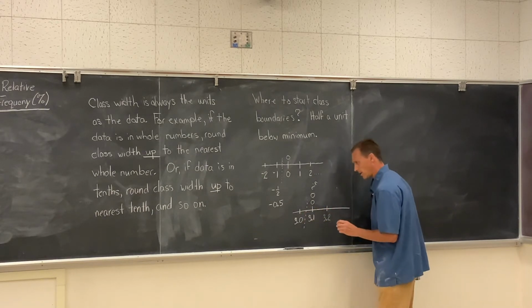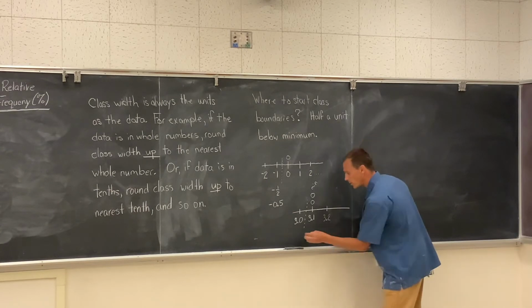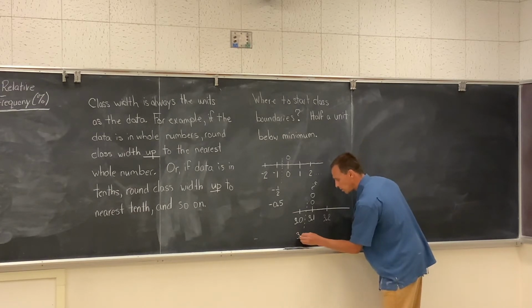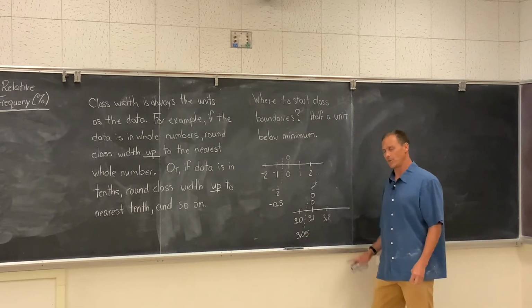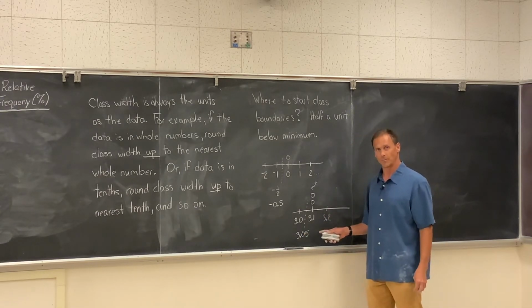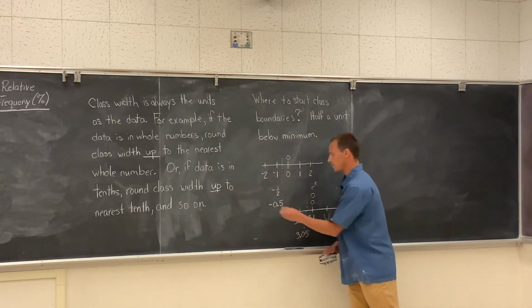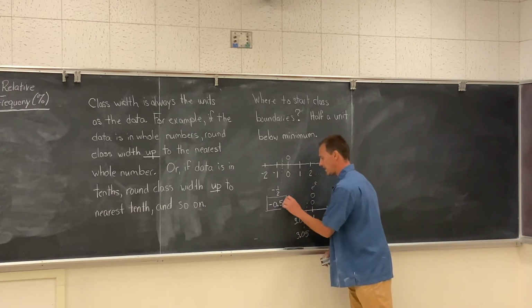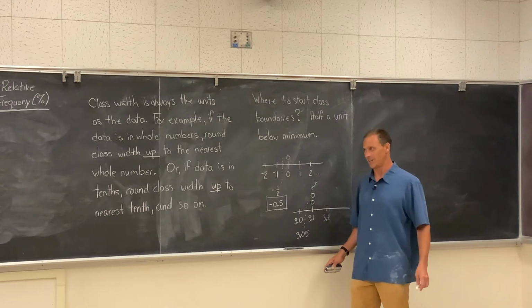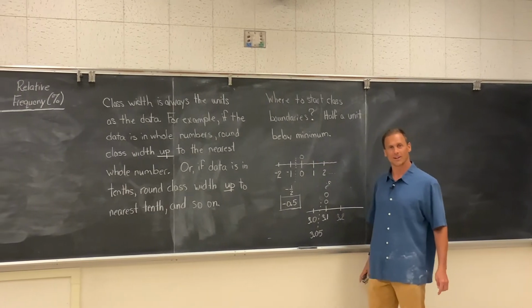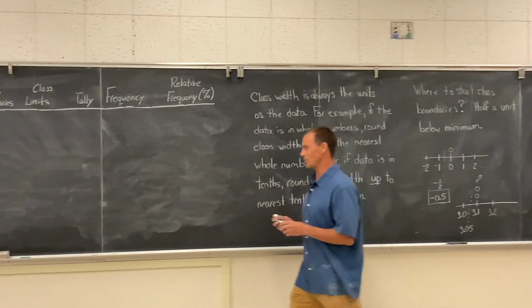So in this case, my starting point would be 3.05. And that's how you pick the minimum starting value. And now we know our minimum starting value for this case is -0.5.